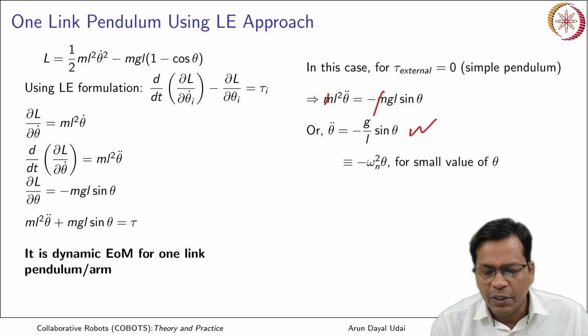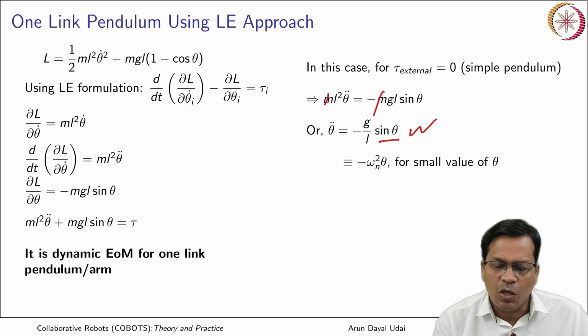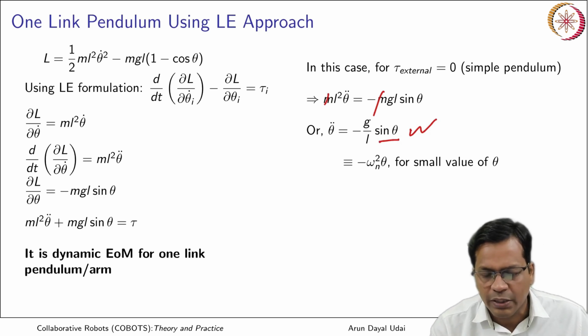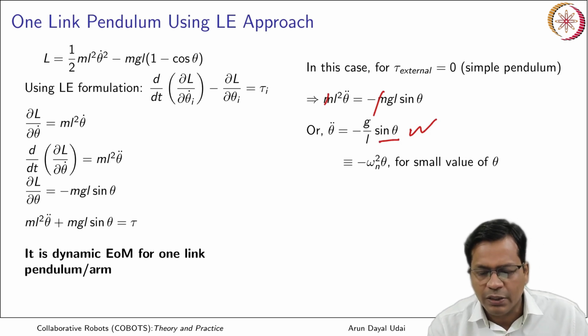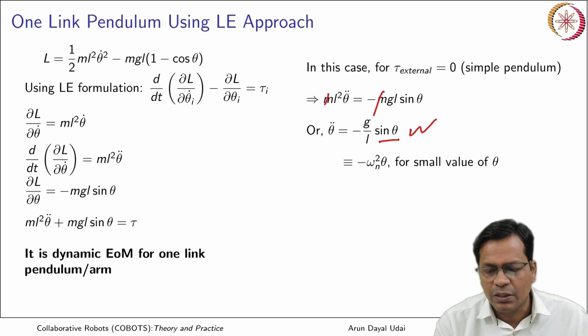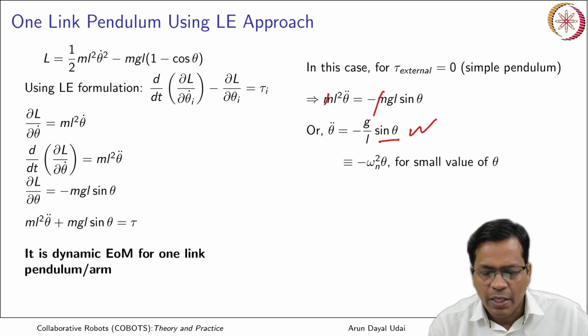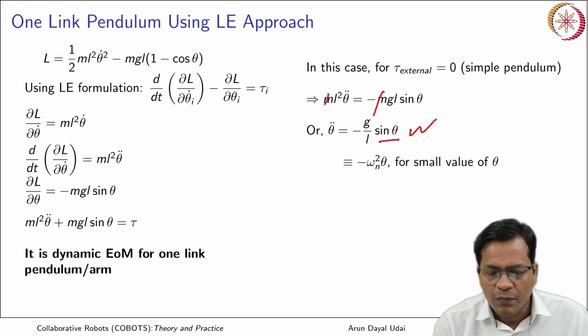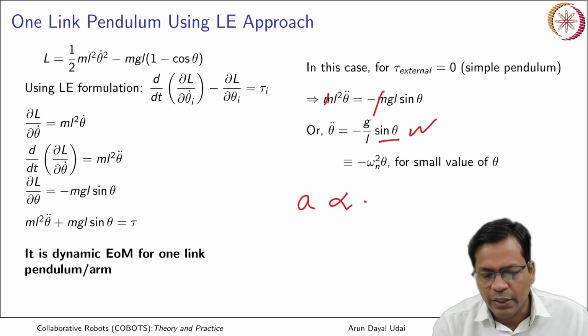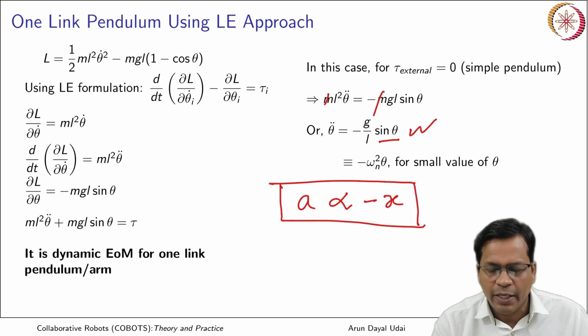If you remember, sin theta for very small displacement you can take as theta, sin theta tends to theta for theta nearly equal to 0. And again you see acceleration is proportional to negative of displacement. So, this is the equation of motion for any simple harmonic motion.